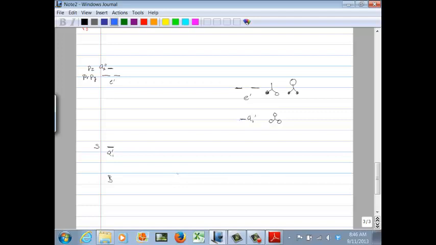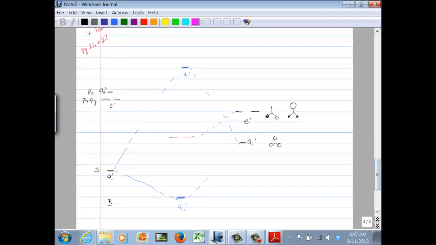So I'm going to have a bonding interaction and an anti-bonding interaction that both have A1 prime symmetry. E prime is going to combine, so my 2 E primes are going to combine with my 2 px and py E primes, and I will get a set of 2 bonding orbitals and a set of 2 anti-bonding orbitals.